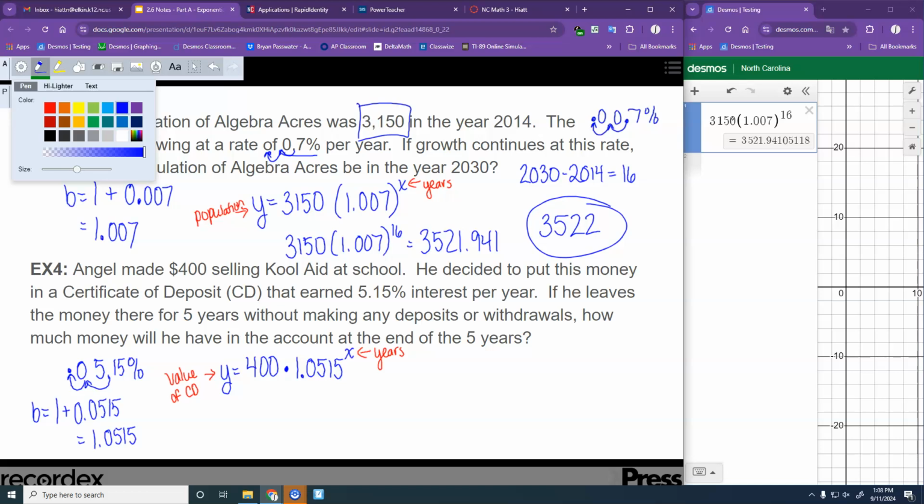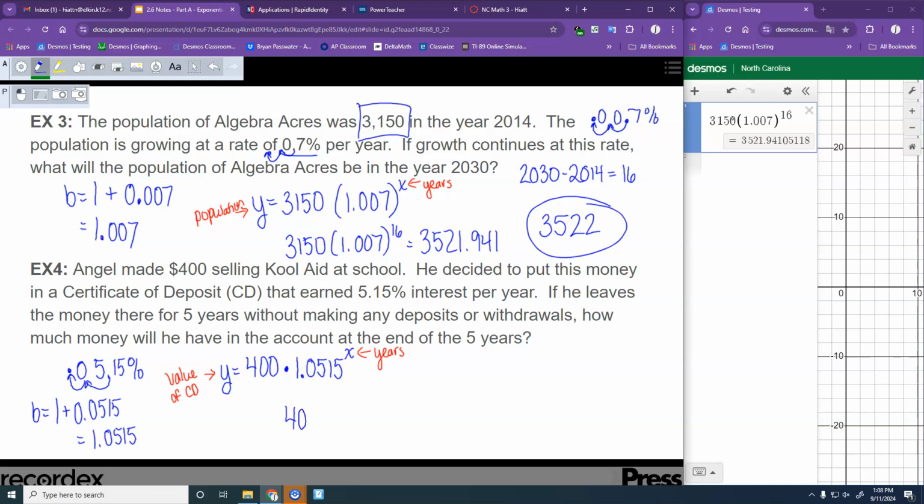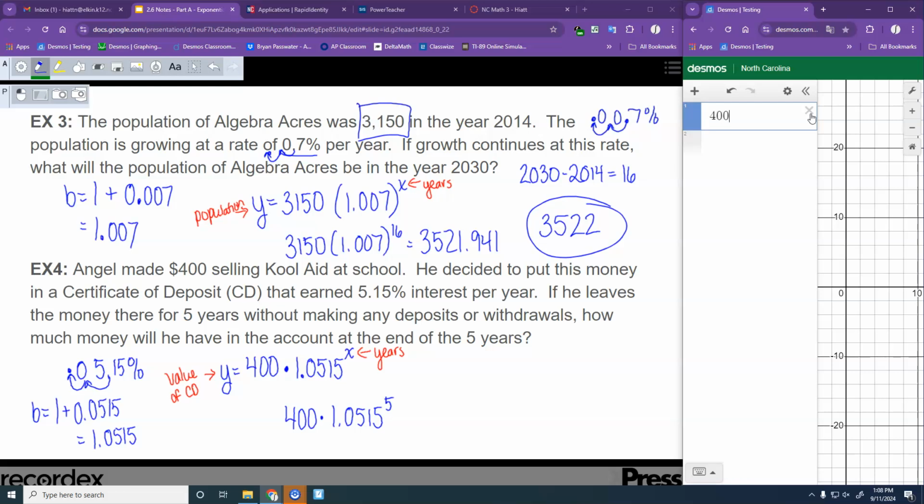And so we want to know after 5 years how much money he's going to have. So we would plug in 5 for our x. So we would have 400 times 1.0515 to the 5th power. And if we go over here, we'll have 400 times 1.0515 to the 5th power.